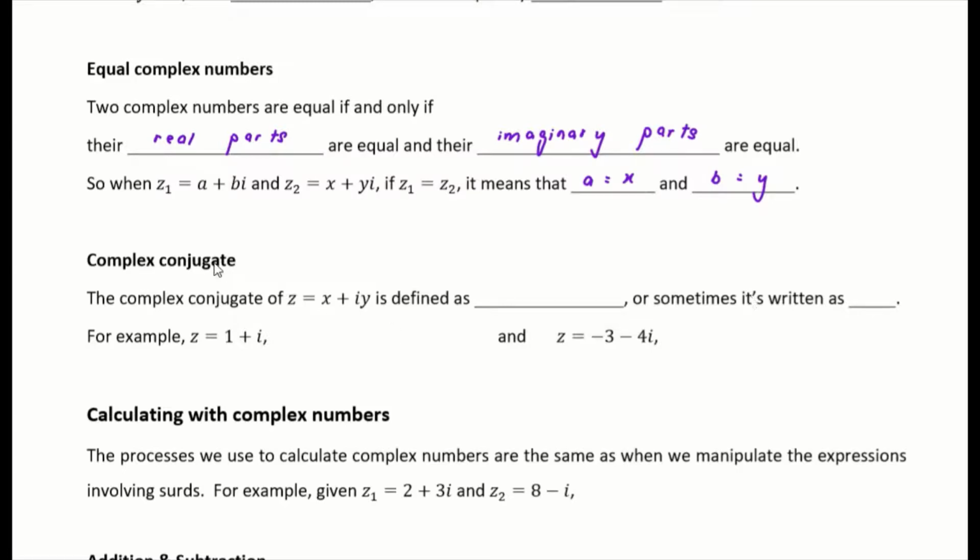Okay, so for the conjugate of a complex number, maybe you do not know what is meant by conjugate, but I believe that you actually learned this when you learned surds in your IGCSE.